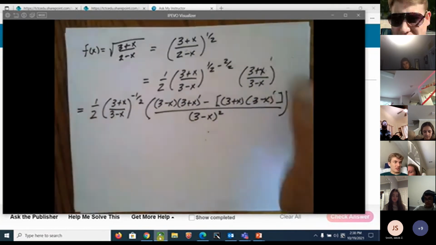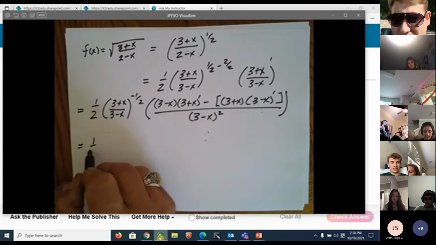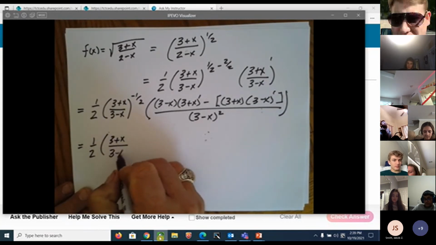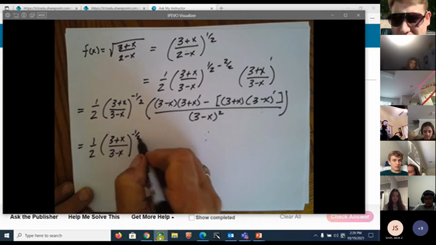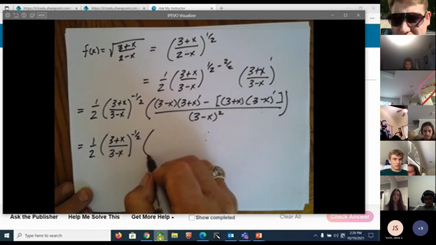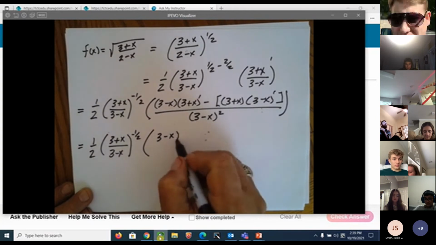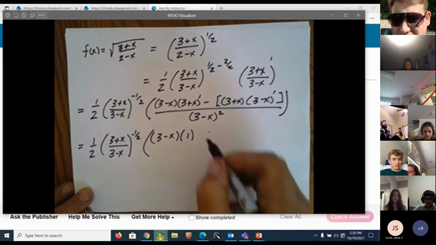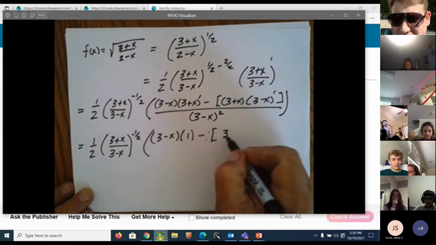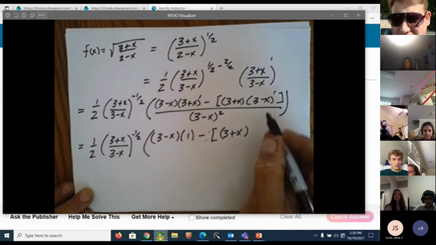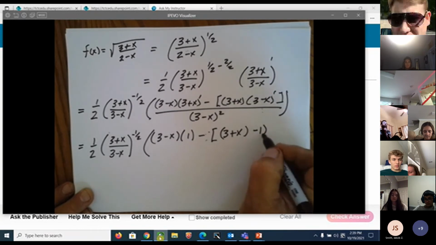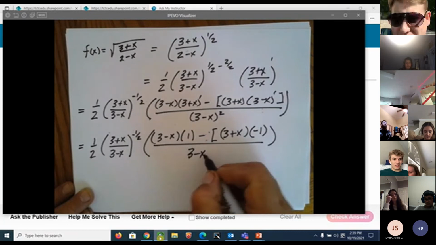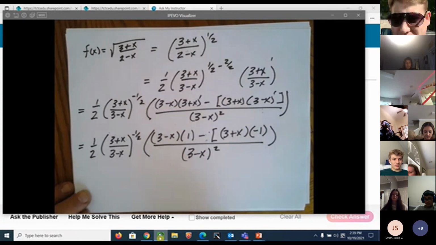And that's going to be equal to 1/2 times 3 plus x over 3 minus x to the negative 1/2. And this is going to be 3 minus x times 1, minus 3 plus x times negative 1, all over 3 minus x squared.